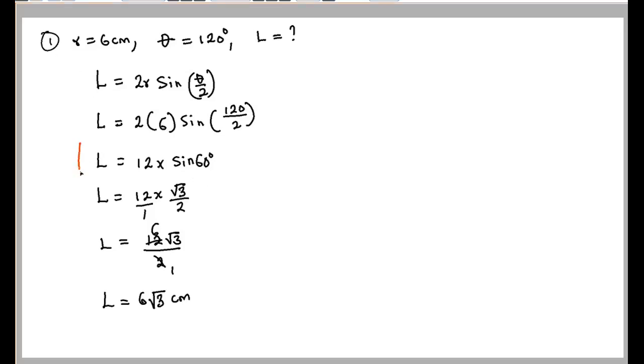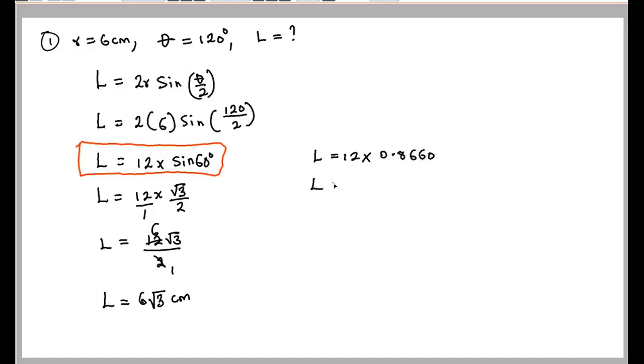If you want to get the approximate value from here, let's solve again. I left my answer in short form, but if you want the approximate value, we can still go this way by doing L equal to 12 times sine 60. On the table, if you check the table of 4 figures, sine 60 is 0.8660.